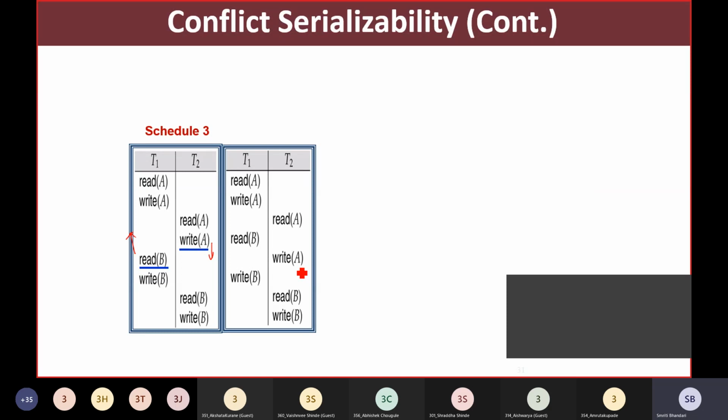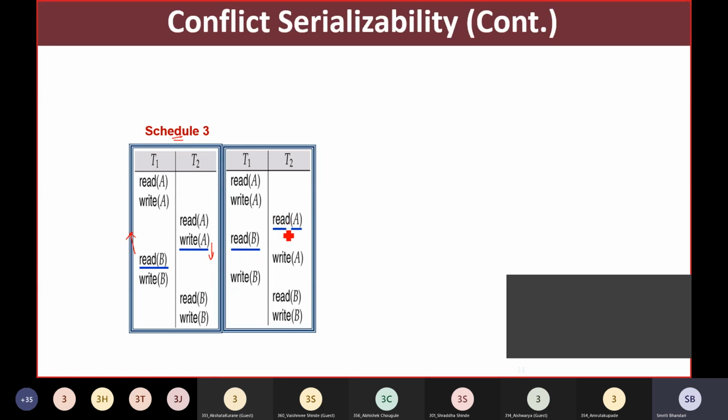So read B will go up and this write A will go down. Now this is another schedule that we have come up with. So we may say that this schedule is conflict equivalent to this schedule number 3.